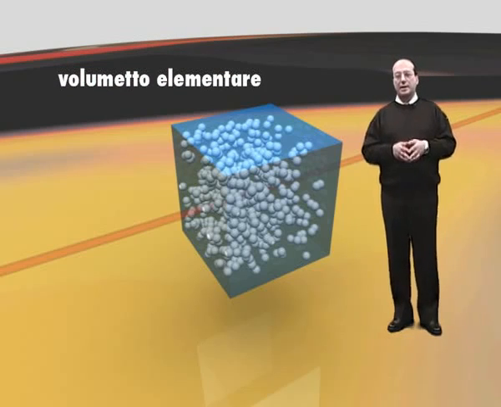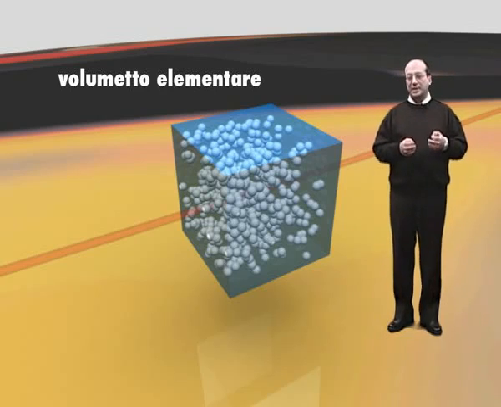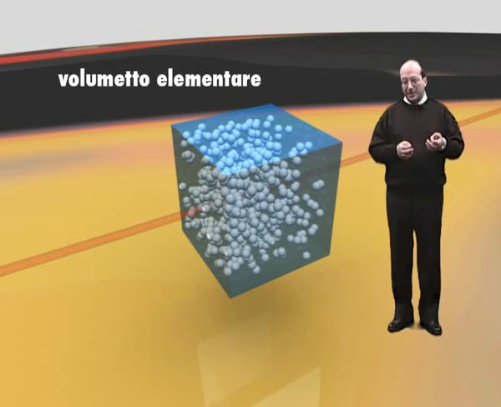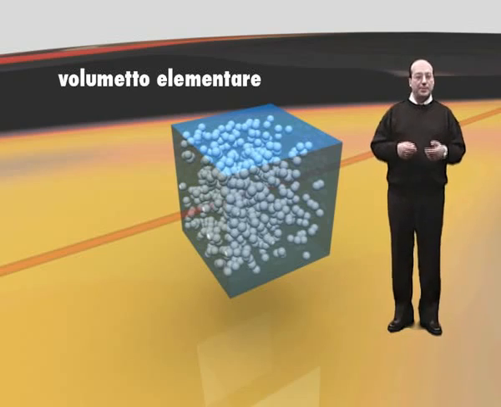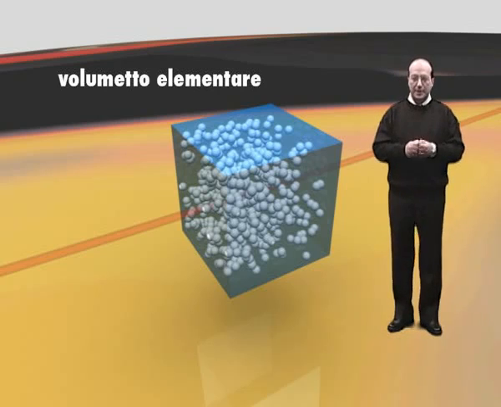Let's now evaluate the main physical quantities of this model of fluid. We use an elementary volume of fluid that is extremely small, but it still contains billions of molecules. By using this model, the density of the fluid will be the molecular mass divided by the elementary volume which contains them.